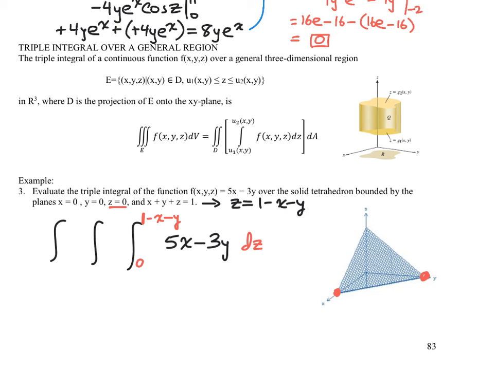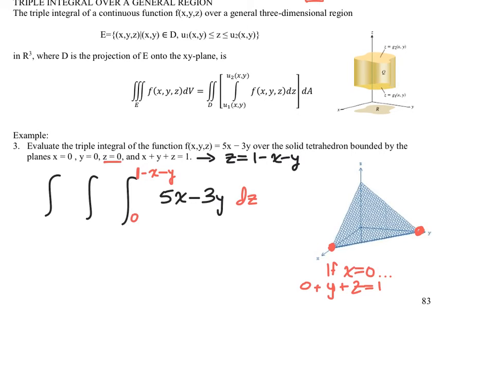All right. So if x equals 0, we would just look at that function. 0 plus y plus z would be equal to 1. Now I have a relationship between just y and z. All right, because I know y has to be going from 0 to something. It's just a question of 0 to what.